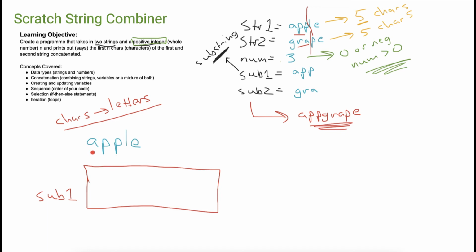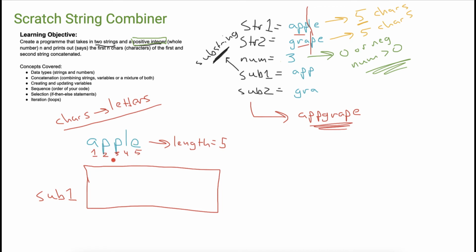And in Scratch, the first char starts at index 1, then index 2, then index 3, then index 4, then index 5. And that is the same as the length. So the length is 5, and the last char in this string is also 5.